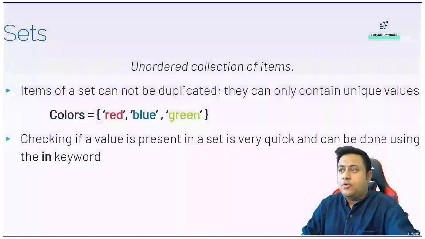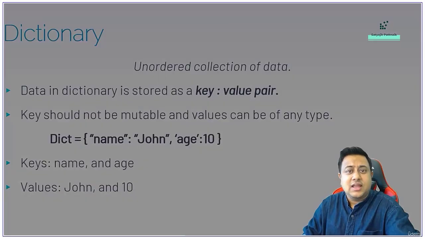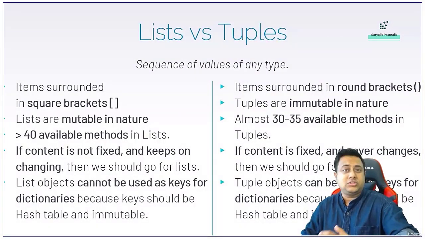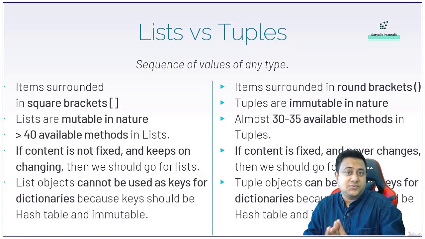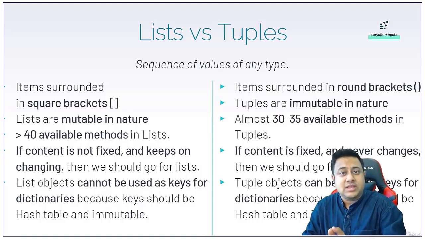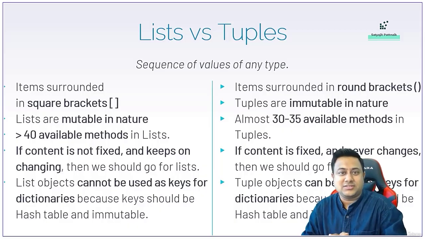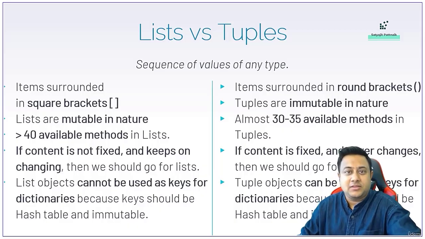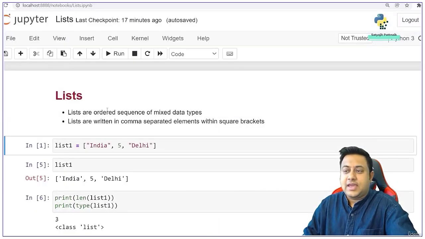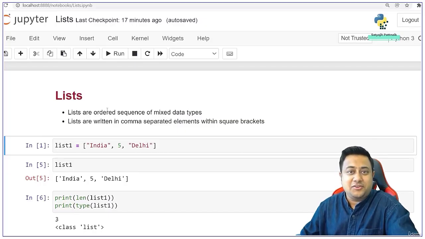Before getting into sets and dictionaries, let's jump into the code for lists, and in the next video we shall be jumping into tuples, and once we understand lists and tuples, then we can go ahead and learn sets and dictionaries. So let's get started with the Python code. This is a file that has been created for lists.